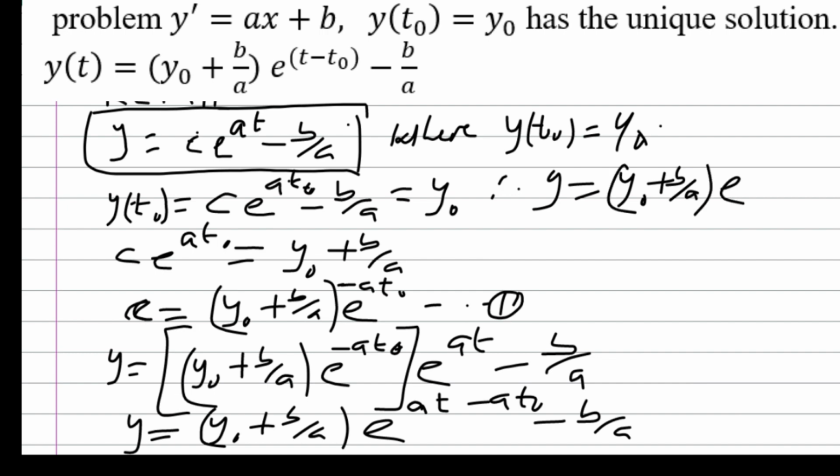So the a is common over there, so I can factorize the a out. In factorizing the a out, I have t minus t naught, and that is all subtracting what? b over a. Hence proved. So it has been proved, and that is the last part of the question.